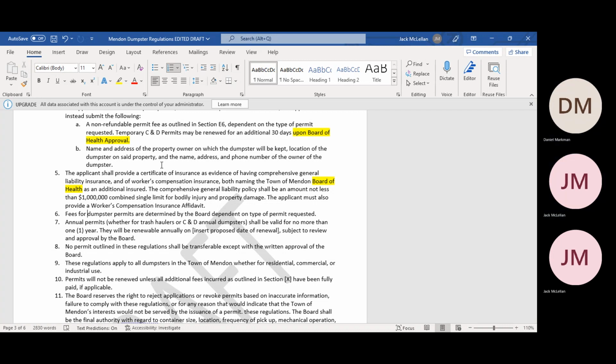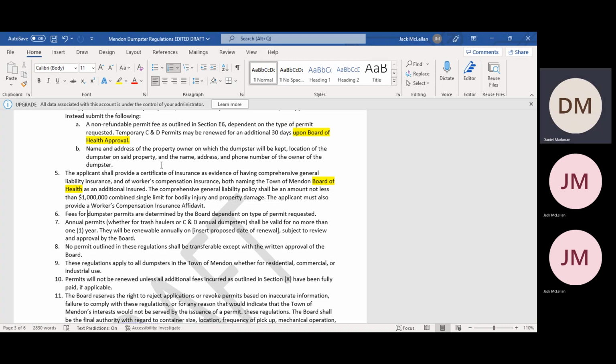Right, but that's because only the temporary C&D permit cares about timeline, because that is the only permit type that regulates a specific dumpster as opposed to the hauler itself. If you wanted, I can add to the section under operations that basically indicates that, wait, hold on.